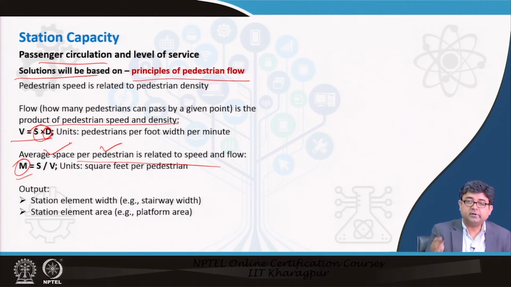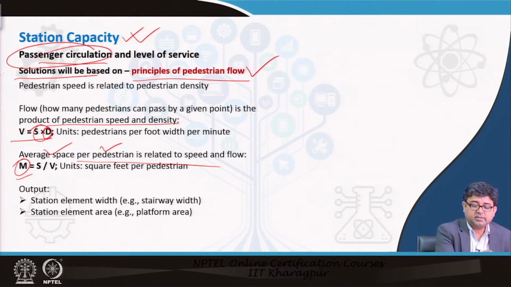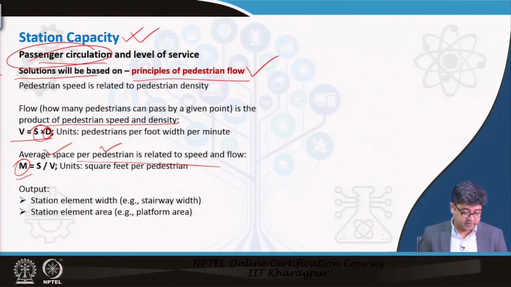We have already gone through all of this in our pedestrian transport segment of the class, and those are the principles that are involved here in determining the station capacity, because again the station capacity depends upon passenger circulation and its level of service.